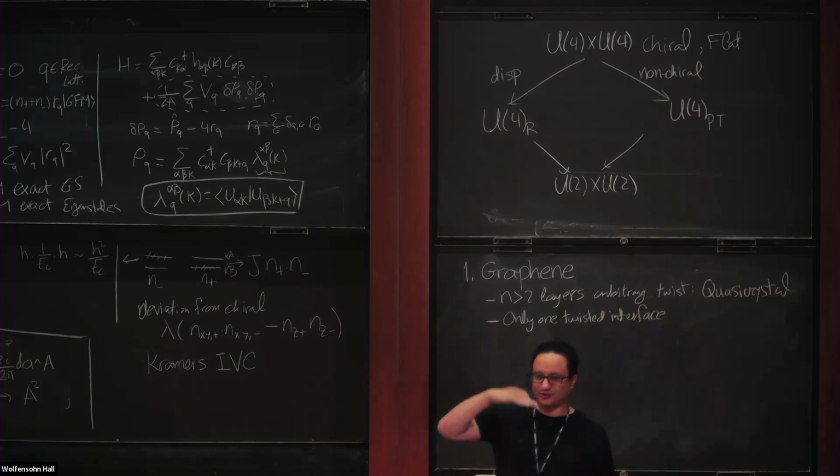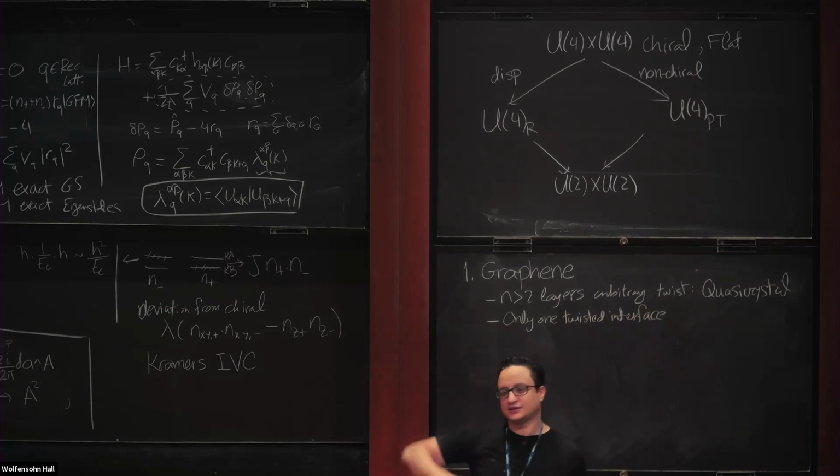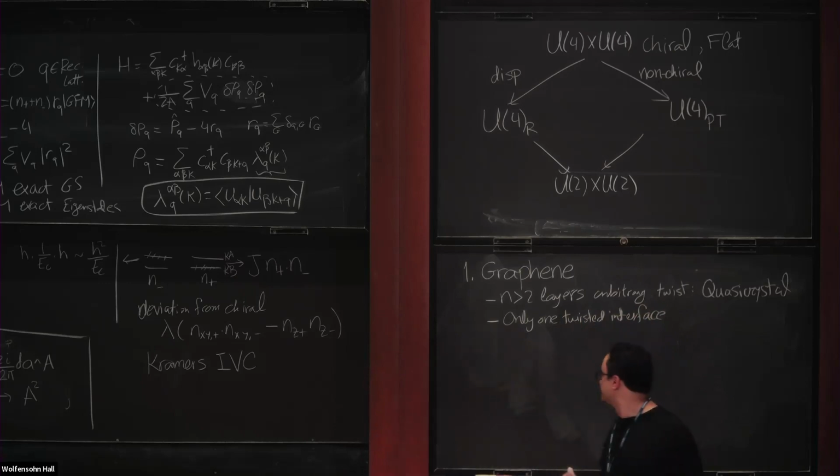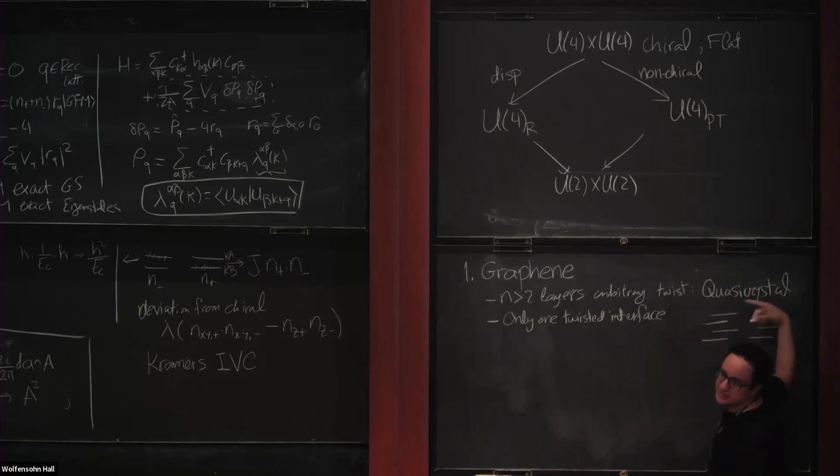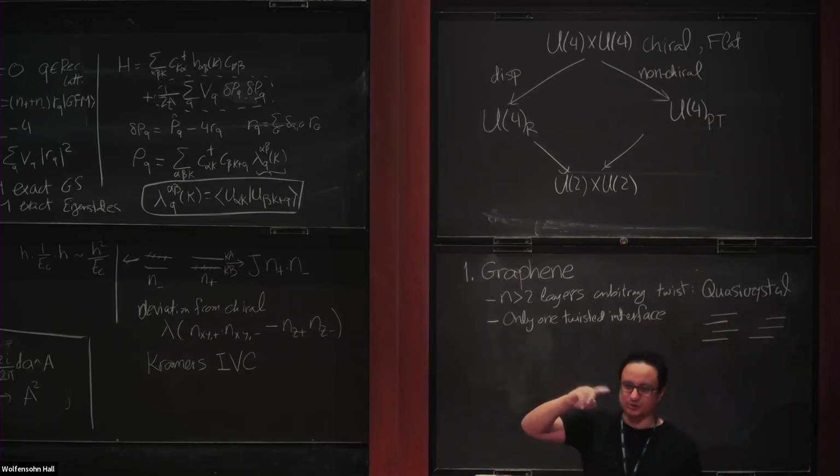So individual graphene layers like to be stacked in AB. But if you have more than 2 layers, then they have a choice of doing something like this. So AB, AB, or something like this, which is ABC. So there is an asymmetry between AB and BA.